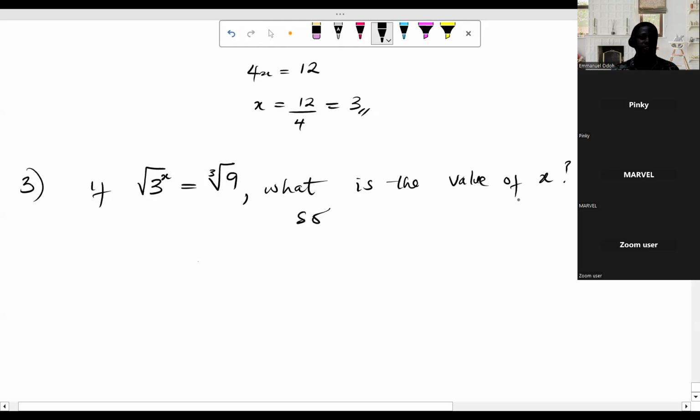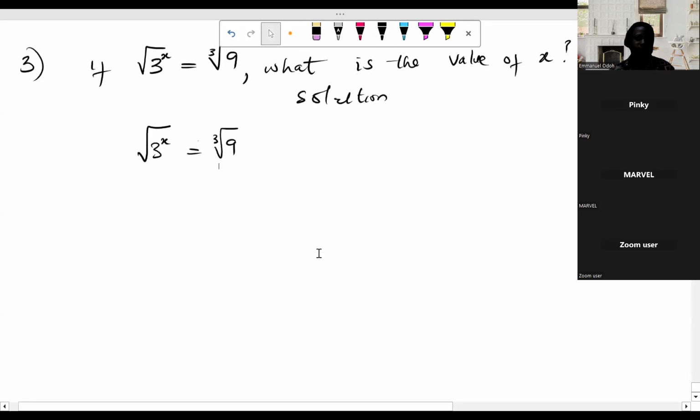So what we have is the square root of 3 to the power of x and the cube root of 9. So we'll be using the same approach somebody suggested for the first question. Remember, this square root means there's a 2 here.